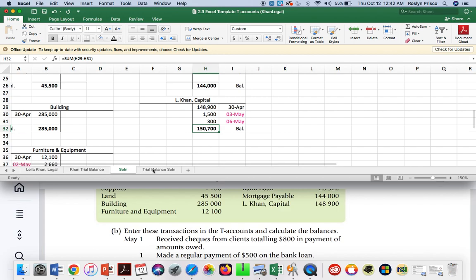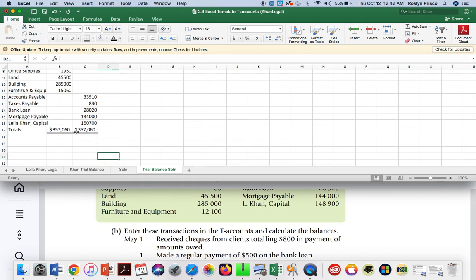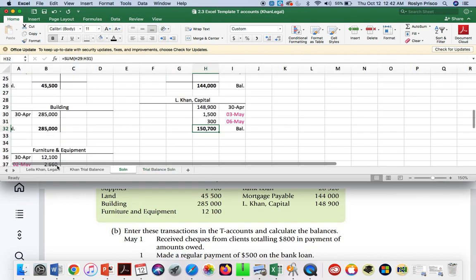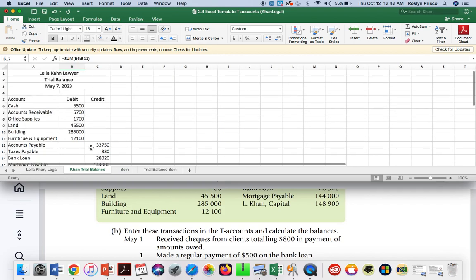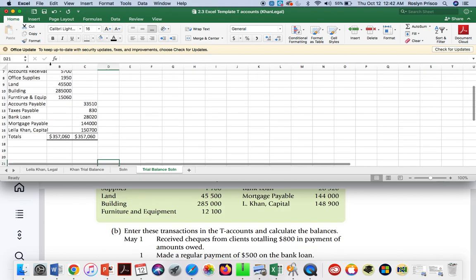Now, when you're done, you should make sure that your debits equal your credits. And I just want to check that I'm on the right one. I think I am. Yeah. So this should be populating for you automatically as you finish it and balance your accounts. But that's how you do it.